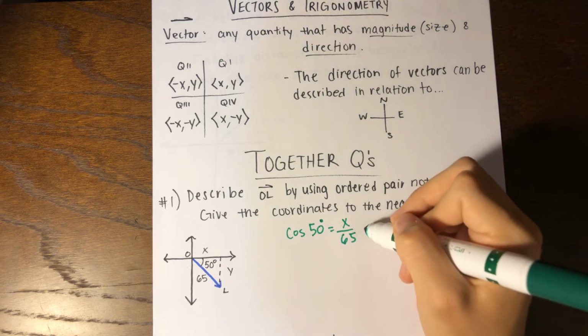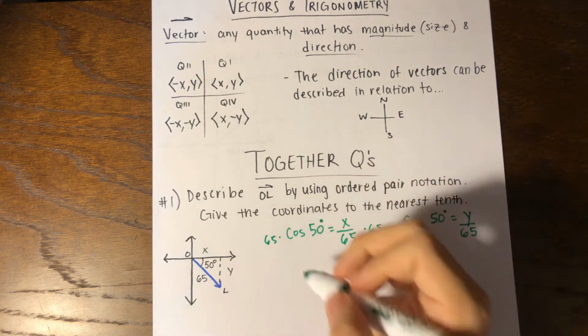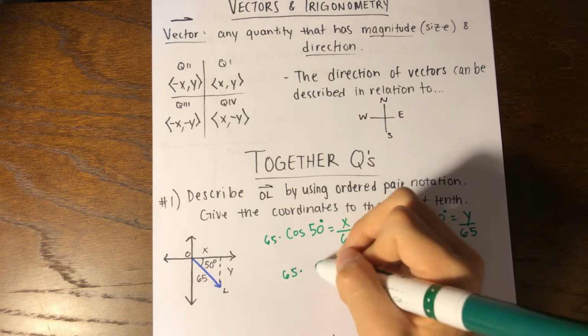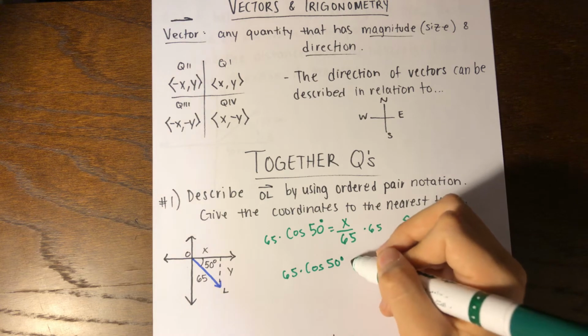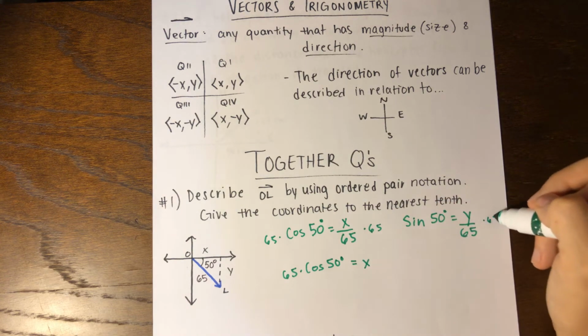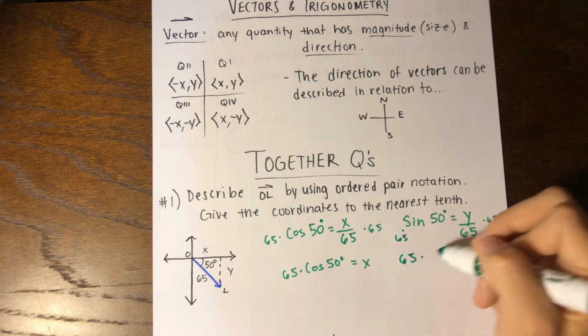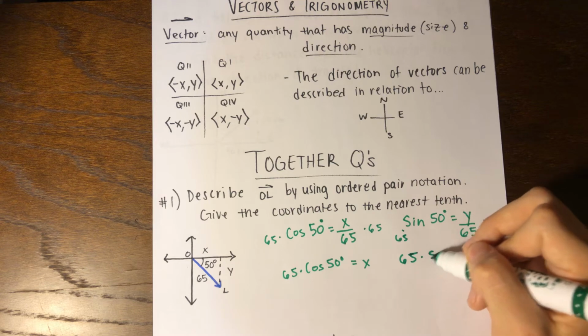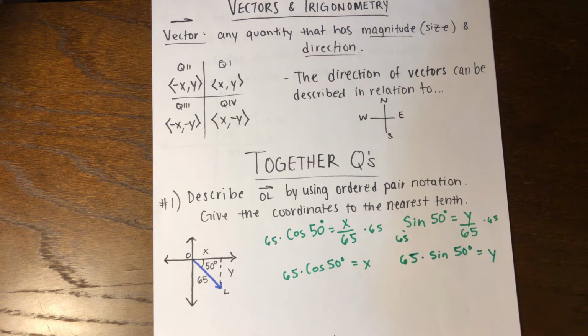So I'm going to multiply both sides by 65. Then I have 65 times the cosine of 50 degrees is equal to x, and times by 65, times by 65, so 65 times sine of 50 degrees is equal to y.